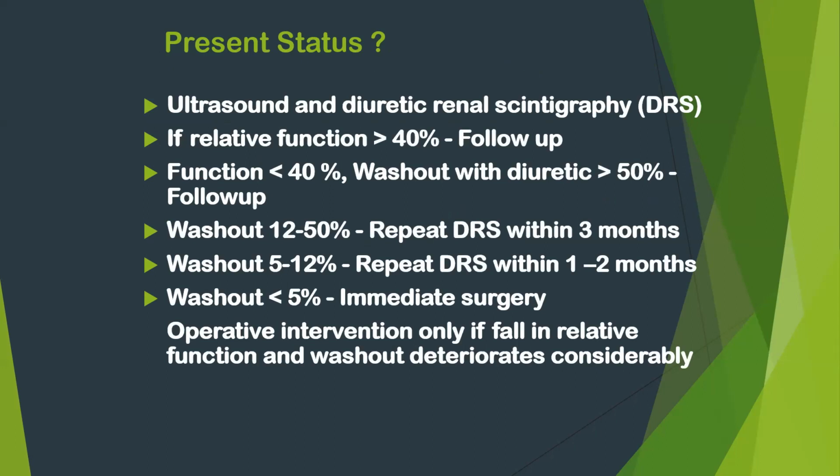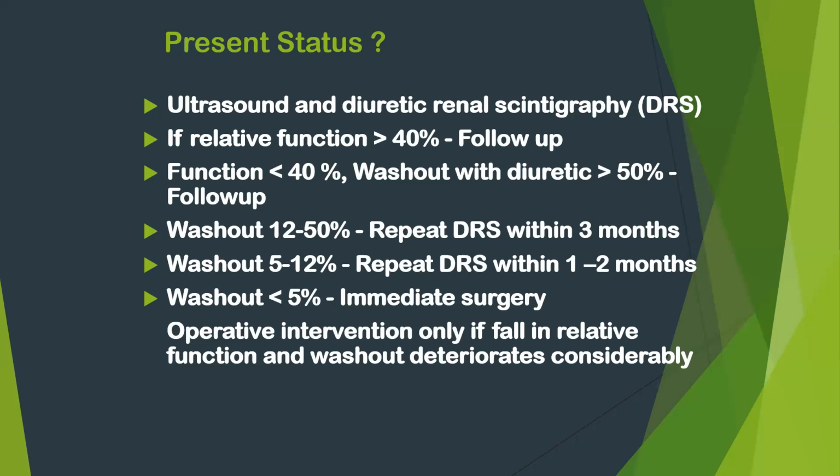If the relative function is more than 40%, these children are kept on follow-up. If the function is less than 40% and washout with diuretic is more than 50%, again, the child has to be on follow-up. If the washout is 12 to 50%, we have to repeat the diuretic renal scan within 3 months.